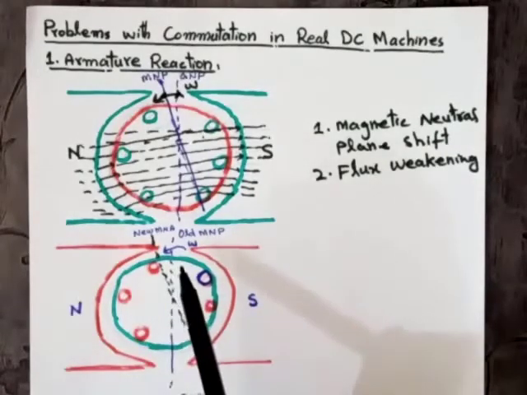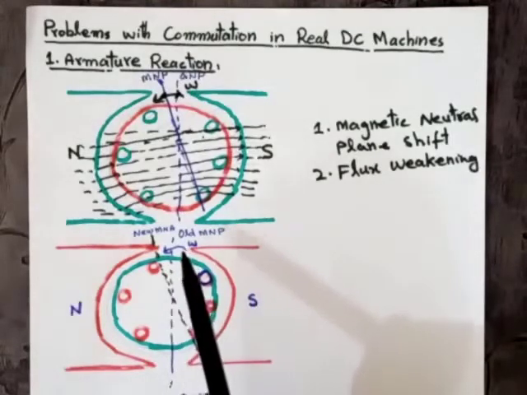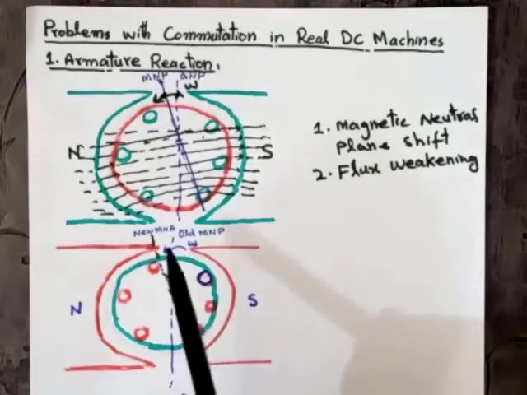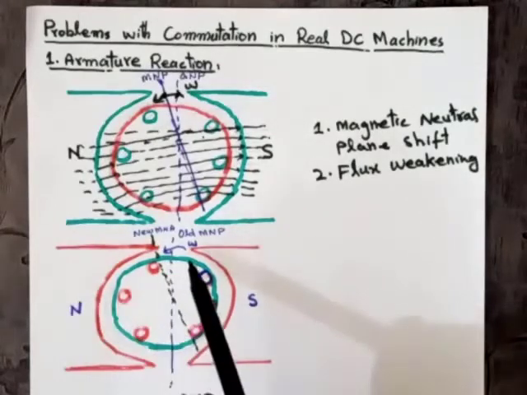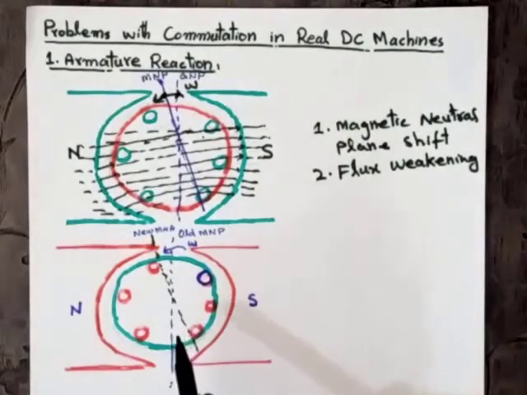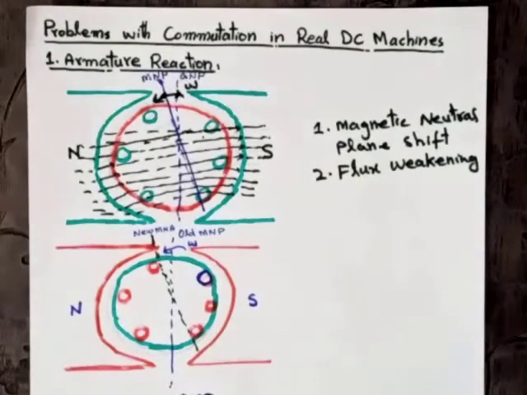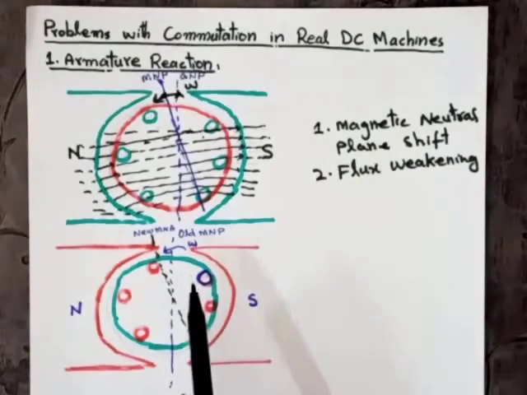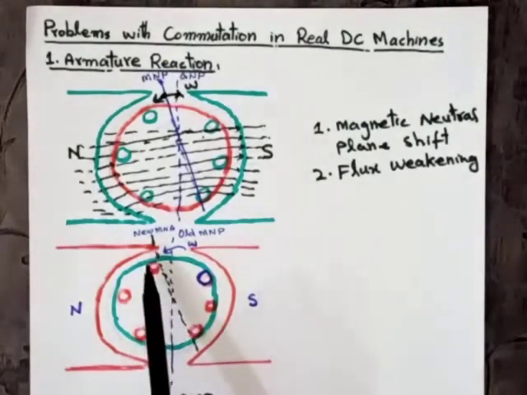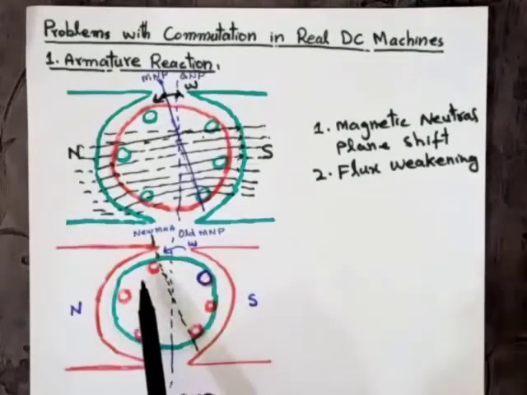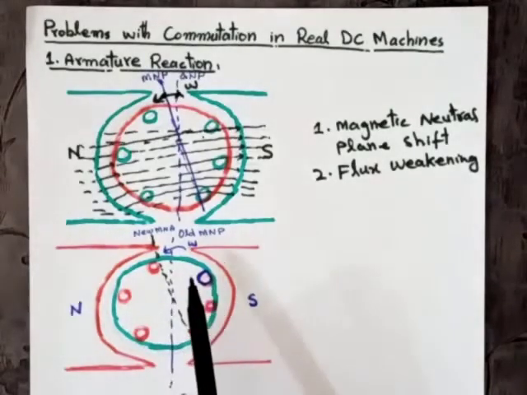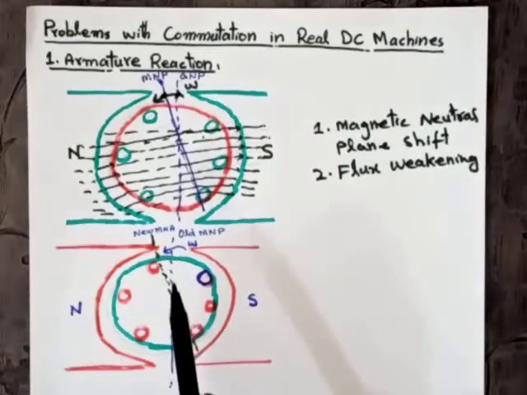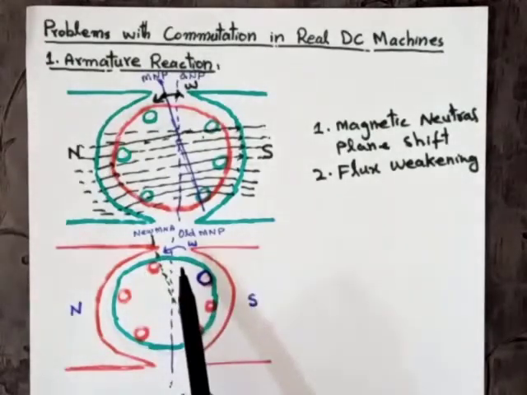In case of motors, the magnetic neutral plane is shifted in the opposite direction of rotation. That is, in case of a generator, the magnetic neutral plane is shifted in the direction of rotation. In case of motors, it is shifted in the opposite direction of rotation.